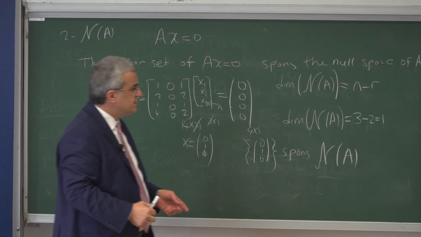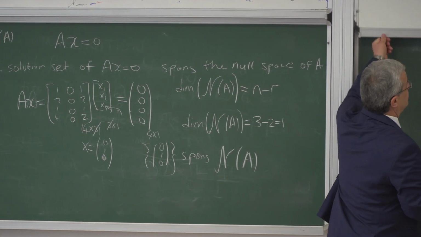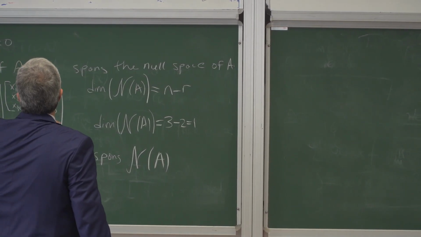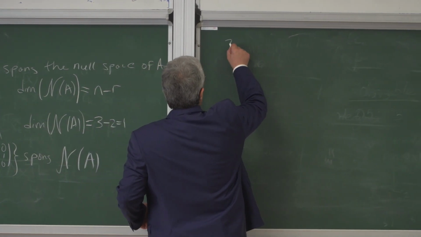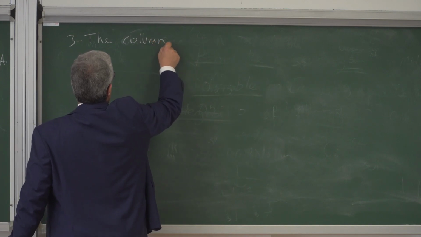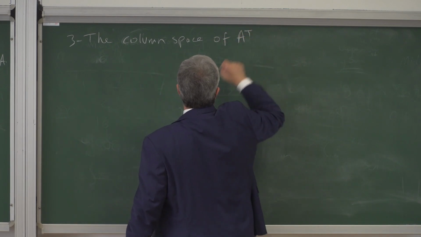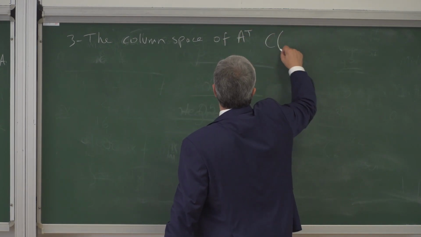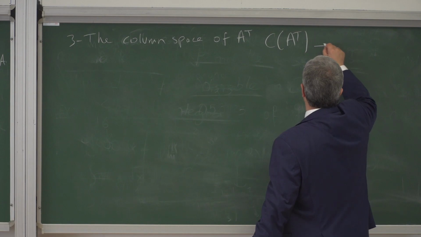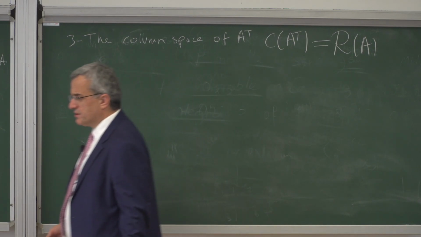Okay, so the third one. What's the third one? The null space of A transpose. So 3, meaning column space of A transpose, which is also the row space of A. So what do I mean by this?